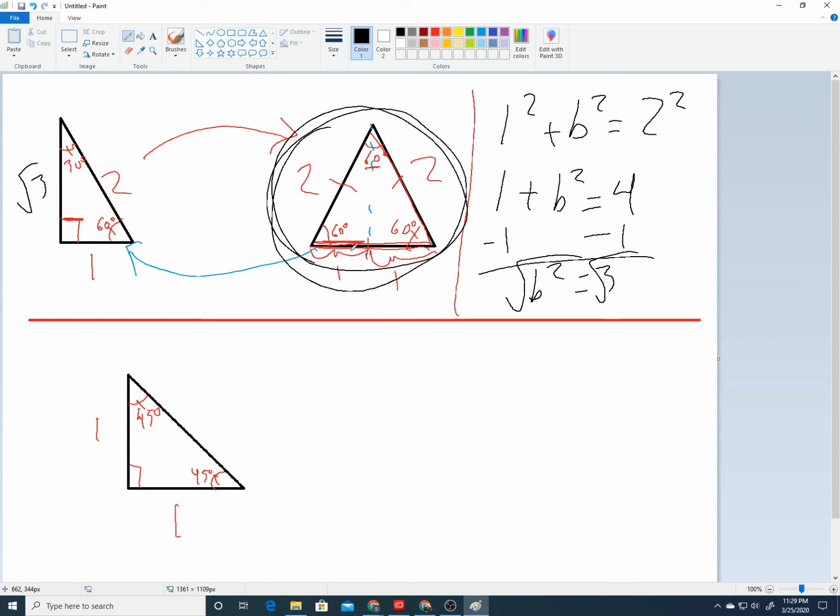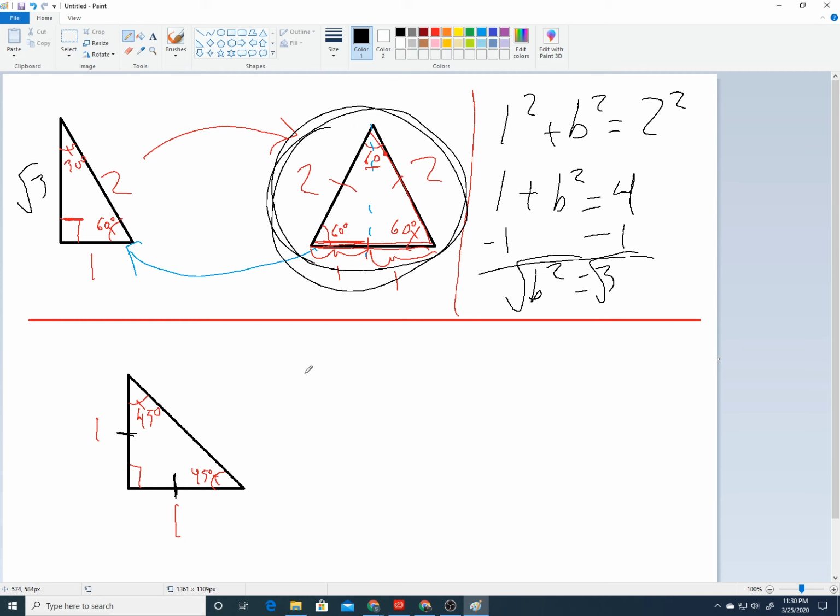Alright, now for the 45, 45, 90, it's even simpler than that. We start, like I said, by setting your smallest sides equal to 1. Because you have two 45 degree angles, this is an isosceles triangle. So we can expect that this side length is equal to this side length when the angles next to them are identical.